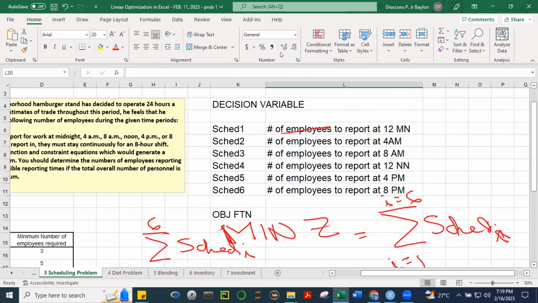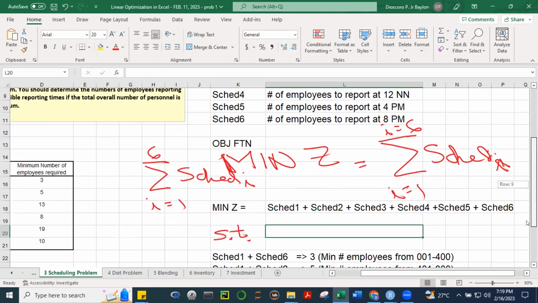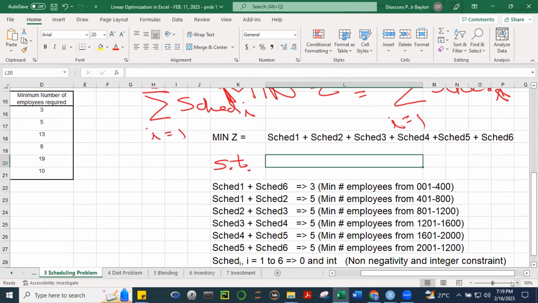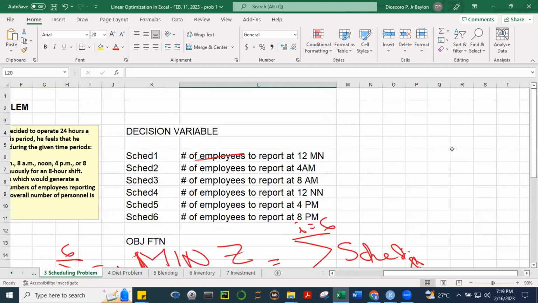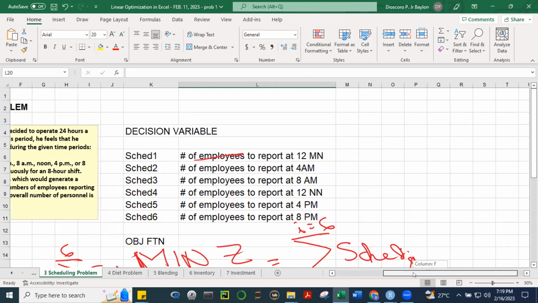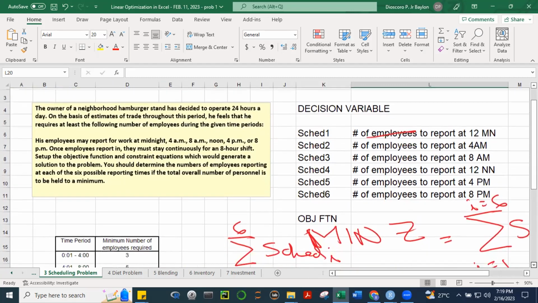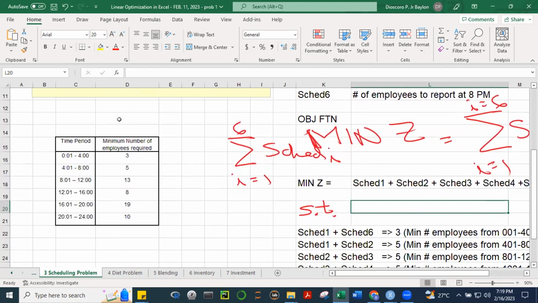Okay, thank you so much for your feedback. So once the LP has been set, the rest is just a matter of creating cells for your decision variables. You can work even with the data that's given.